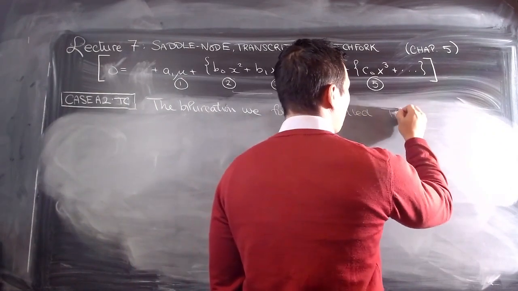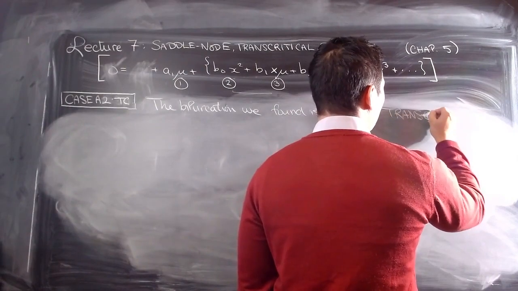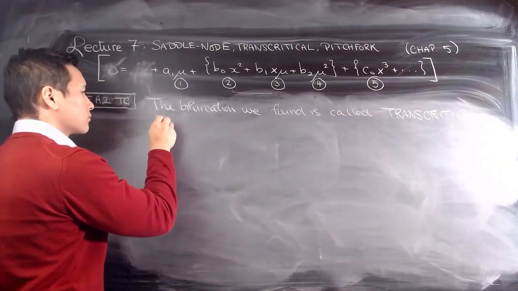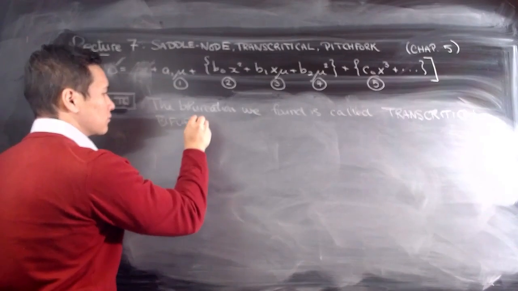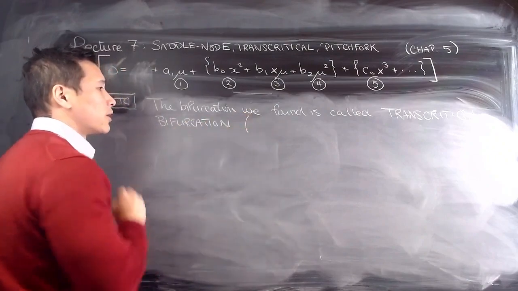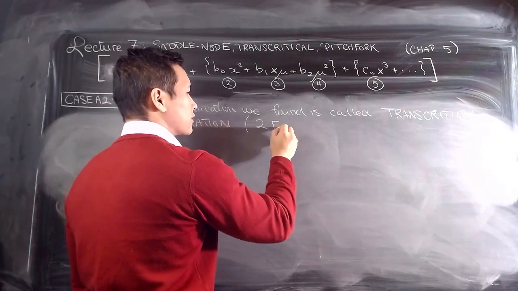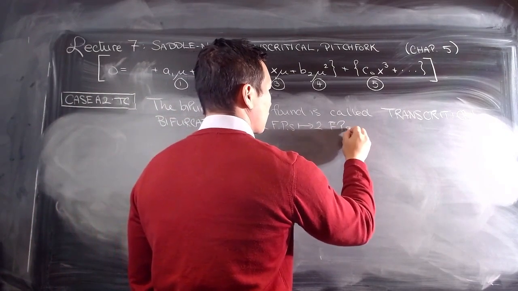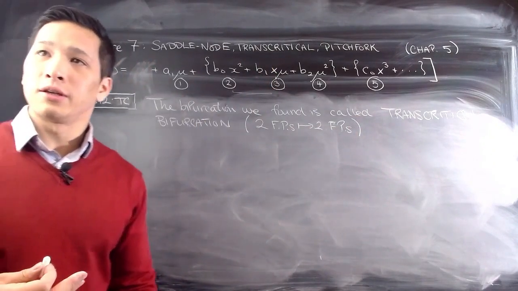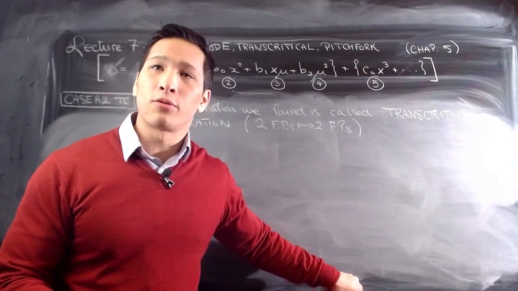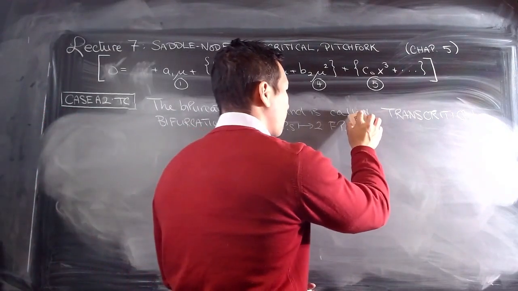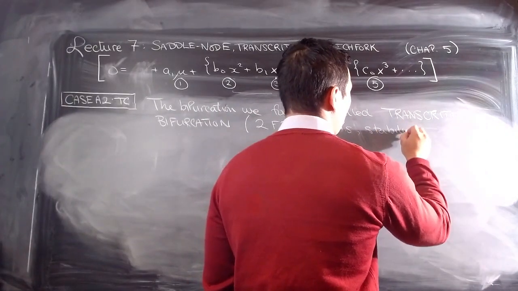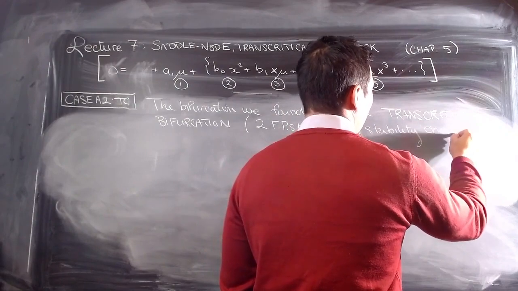The transcritical bifurcation, and a transcritical bifurcation is one in which you go from two fixed points to two fixed points. And it's one in which the stability, though again we've not shown it, we're going to do it for the example, but it's an example where the stability changes. Like so.